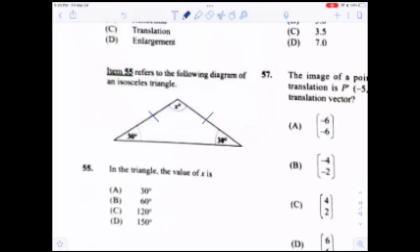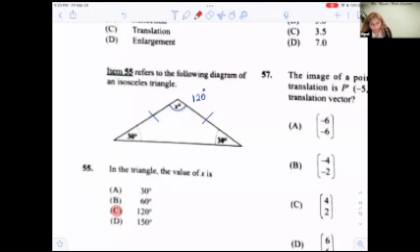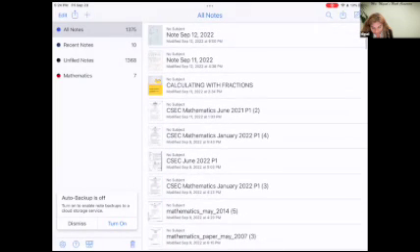So how much is angle X? 120. Who could confirm that? Yes, it is 120. So do you all see how the question comes, and the question is pertaining to the topics.